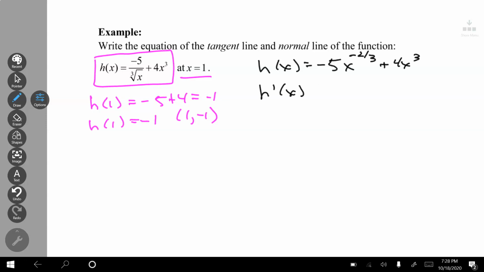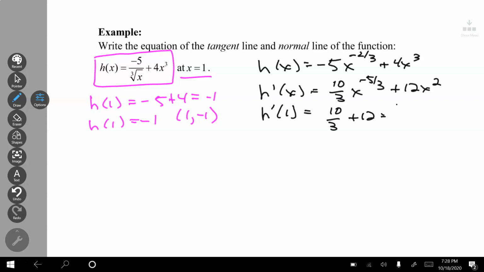So h prime of x is 10 over 3 x to the negative 5/3 plus 12x squared. I plug in 1, h prime of 1 is 10 over 3 plus 12, which is 10 over 3 plus 36 over 3.